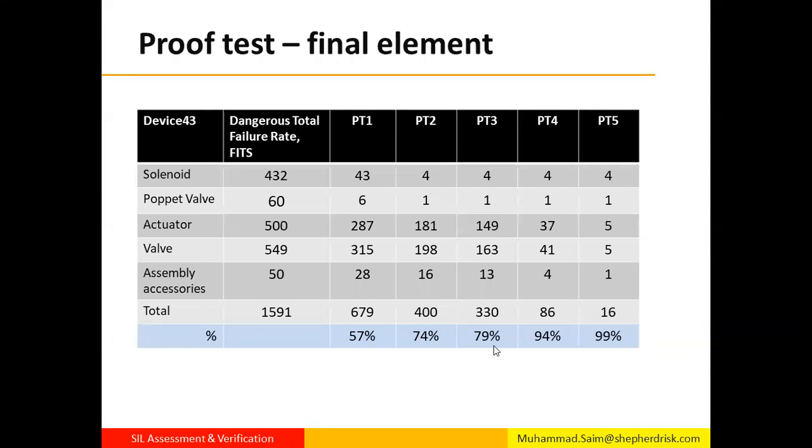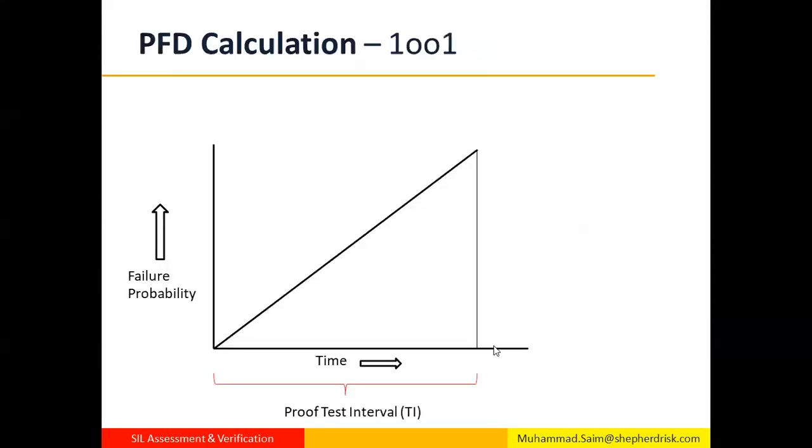And all the 5 tests together detect a total of 99% of the dangerous failures. So this represents a perfect proof test where almost all the failures are detected: 100% detection, restoration to its 0 position.